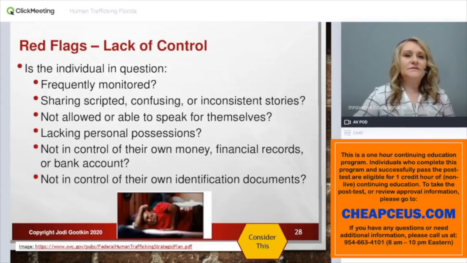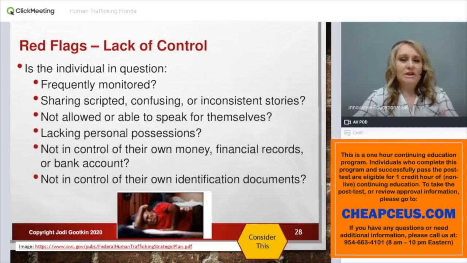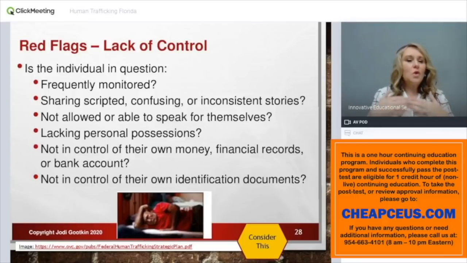As we consider the individual's lack of control, we're going to look at some other indicators in our communication with them and their physical circumstances that are surrounding them. Is there always someone with them? Are they frequently being monitored? When you ask them about their mechanism of injury or even about their history, does the story not make sense, or it changes as each healthcare professional asks them about it?